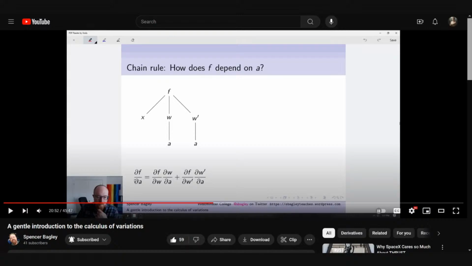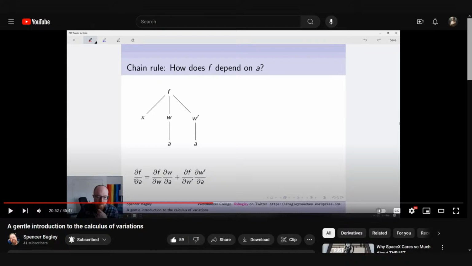He's not mentioning eta because eta is a function of x, I guess. So x, w, and therefore x and a. So we're not looking at eta, only at w.